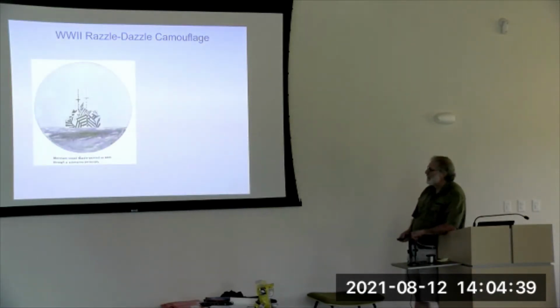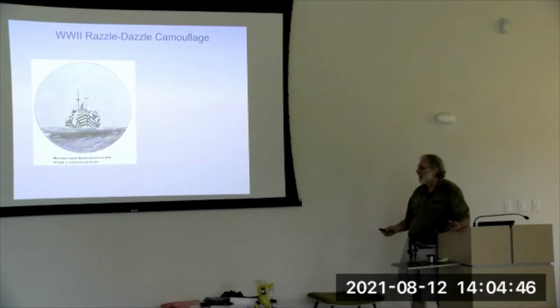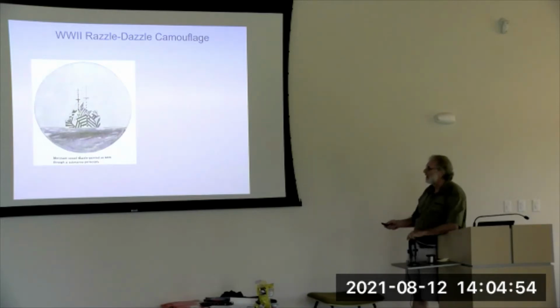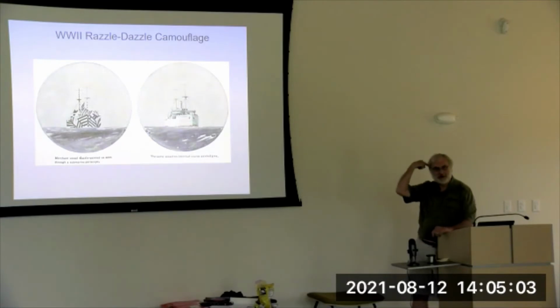Okay, so you're on a submarine, you stick the periscope up, and this is what you see. Now, it doesn't look like an island, so it must be a ship. But real quick, what direction is the ship going? You just can't tell. It's just weird. Well, if the ship is not camouflaged, it's easy to see. Oh, it's going in this direction.